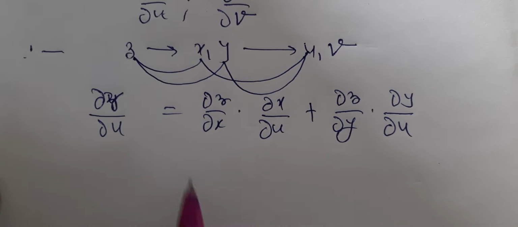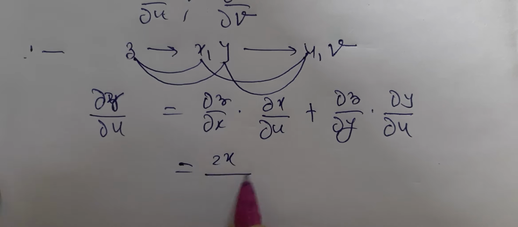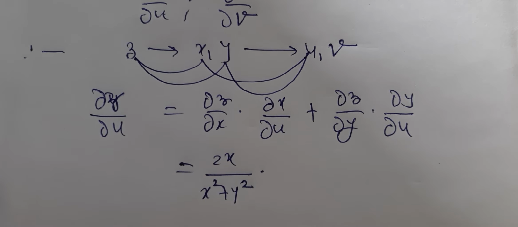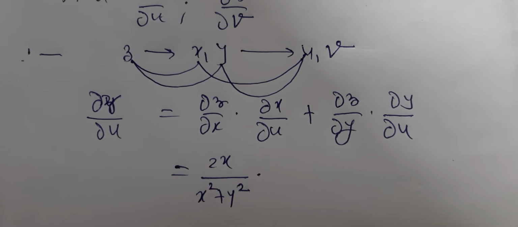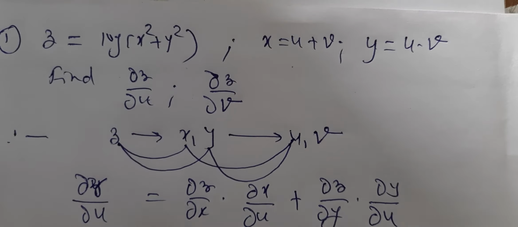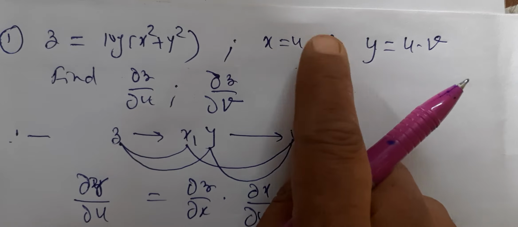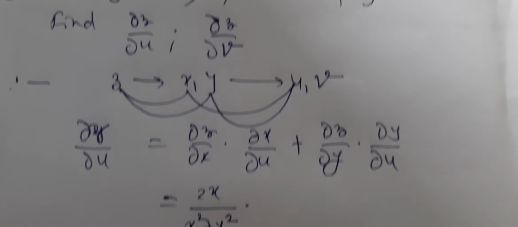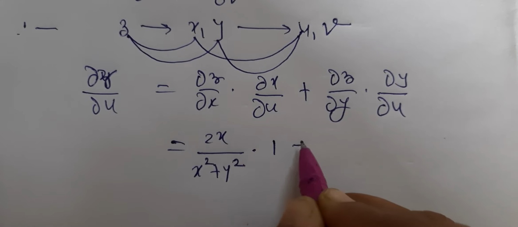So we have 2x upon x square plus y square into ∂x/∂u. Now see what your x is. x is u plus v.